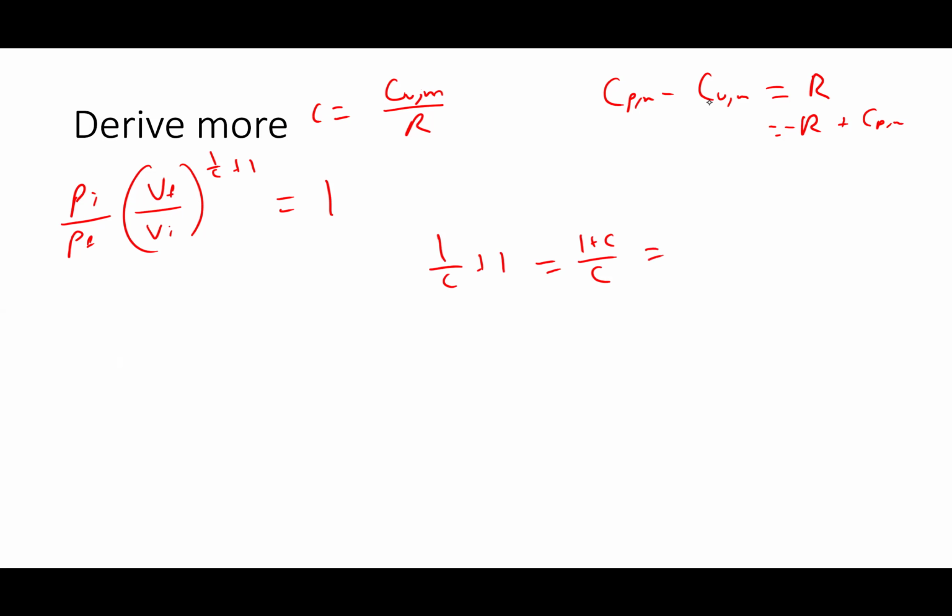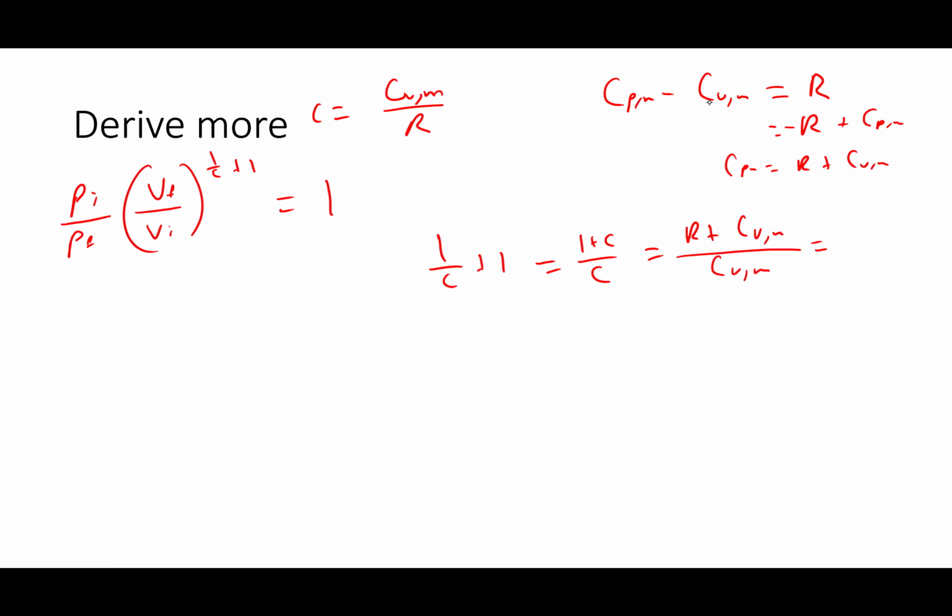All right. Our c, of course, is CV over R. If we put it in, we get R plus CVM over CVM. And if we rearrange this, we could do CPM equals R plus CVM.